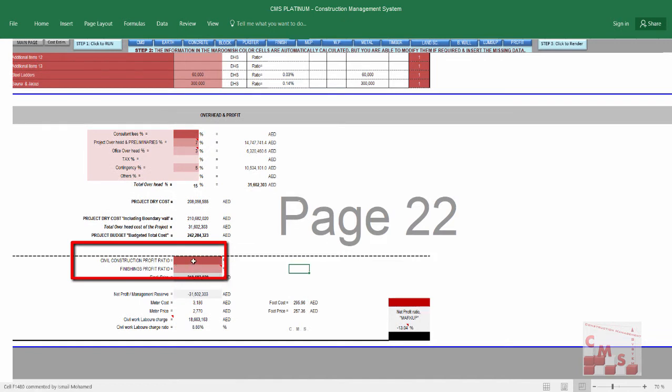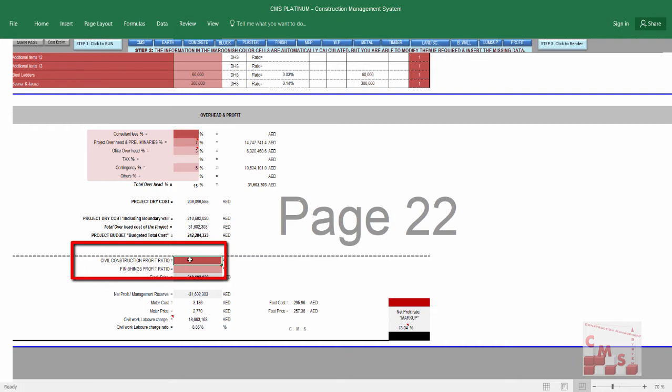Actually, CMS divided the profit ratio into two categories or two types. The first one is the civil construction profit ratio, which is related to all the civil construction which shall be done directly by the main contractor, like earthwork and concrete and the block and the plaster and the rough type of finishing. This is all considered as civil construction work. And the second is a finishing profit ratio, which can be handled by subcontractors directly.